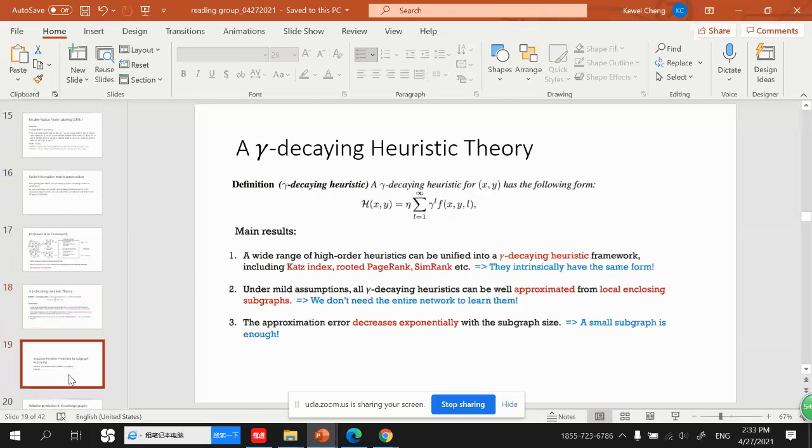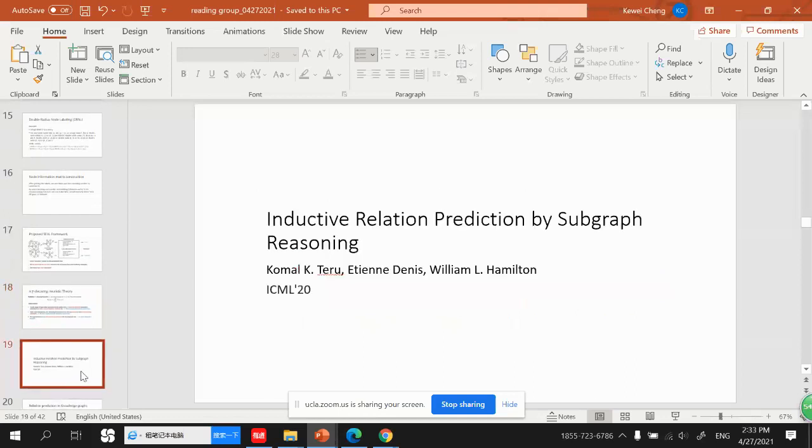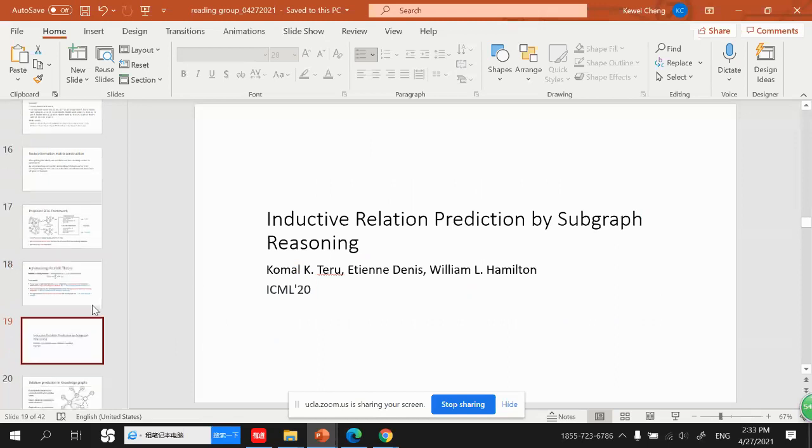And then inspired by this idea, another paper, inductive relation prediction by subgraph reasoning, was published in ICML 2020.